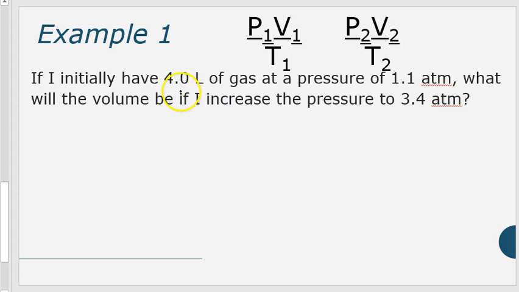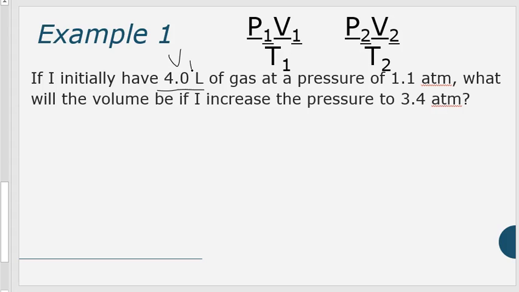We're going to follow the procedures we've been doing for the other problems. We're going to underline what they give us and figure out what variables are given in the problem. They tell us there are 4 liters. In this equation, we have a couple of volumes and a couple of pressures, so I'm going to put V1 because it's the first volume they give us.